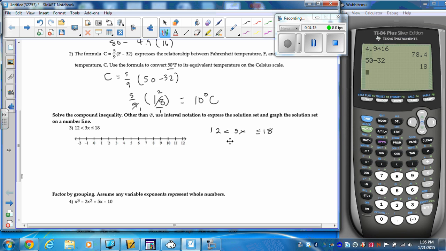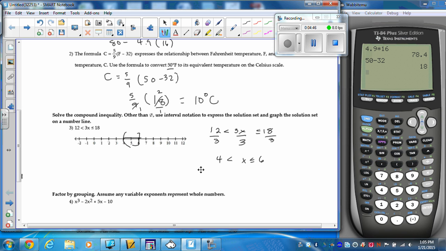And it really is entirely up to you, but you're going to divide all of the pieces by 3, and you get 4 is less than x, which is less than or equal to 6. And so it's going to start at 4 and go to 6. And that is going to be my region.